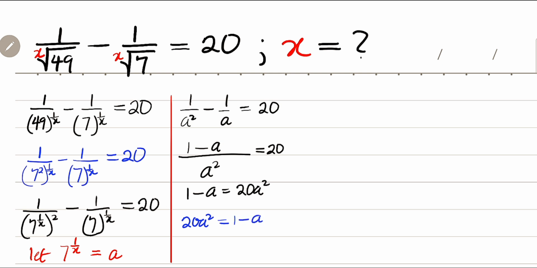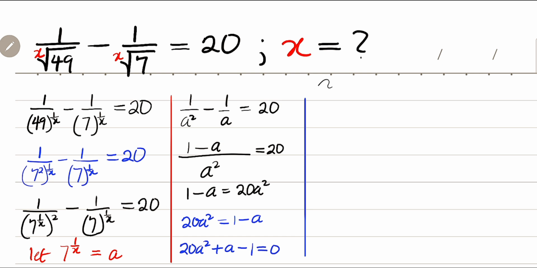If we add a to both sides and subtract 1 from both sides, we have 20a squared plus a minus 1 equals 0. So we've arrived at a quadratic equation, and all we need to do now is to factorize.